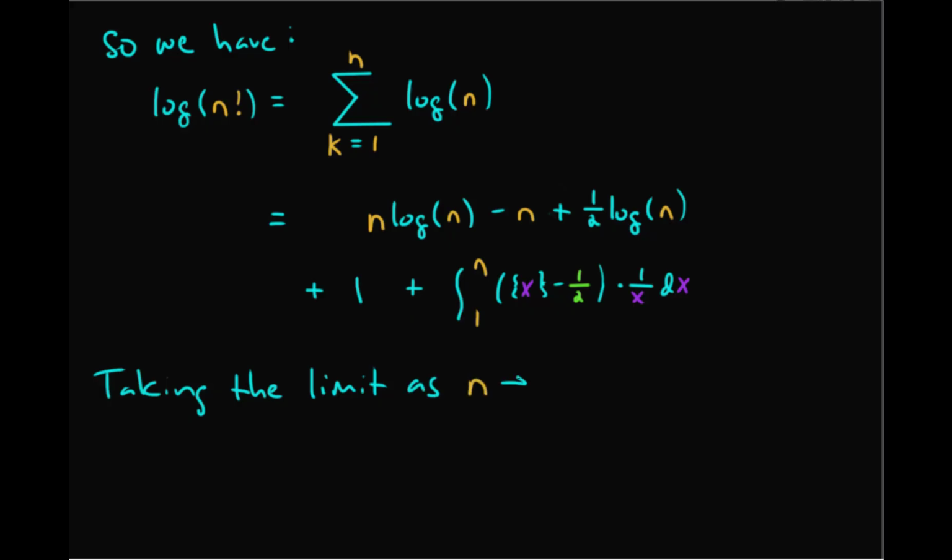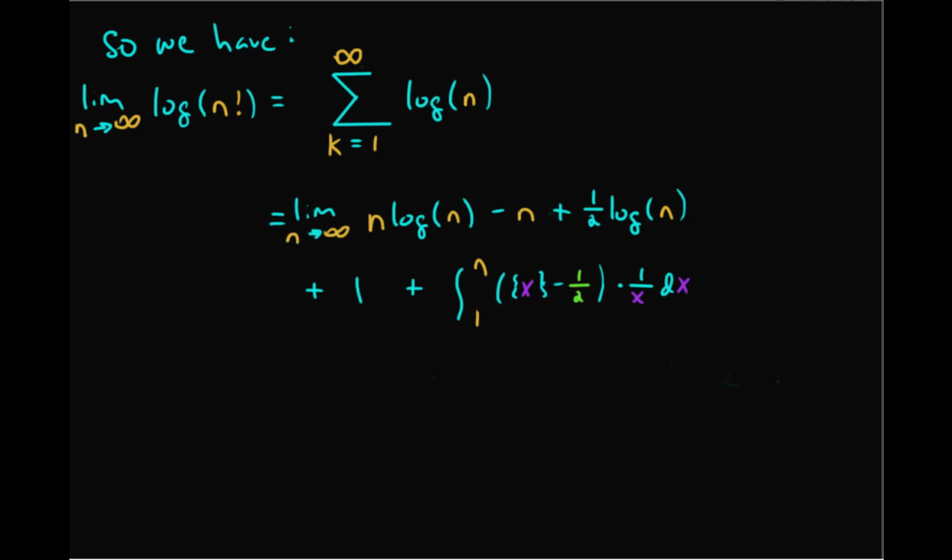And taking the limit as n approaches infinity, we then have that the limit as n approaches infinity of the log of n factorial equals the infinite sum from k equals 1 to infinity of log k, which equals the limit as n approaches infinity of n log n minus n plus 1/2 log n plus 1 plus the integral from 1 to infinity of the first periodic Bernoulli polynomial times 1 over x dx.